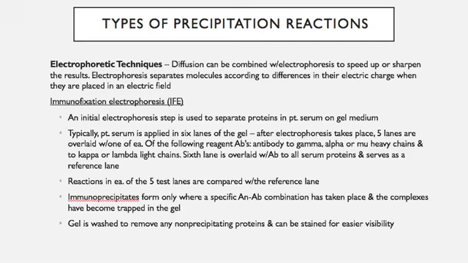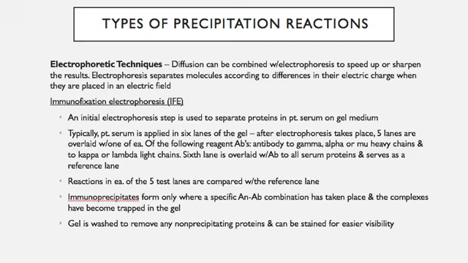The 6th lane is overlaid with antibody to all serum proteins, so it's just going to serve as a reference lane. And then reactions in each of the 5 test lanes are compared with that reference lane. Immunoprecipitates form only where you've got a specific antigen and antibody combination that has taken place and the complexes have become trapped in the gel.